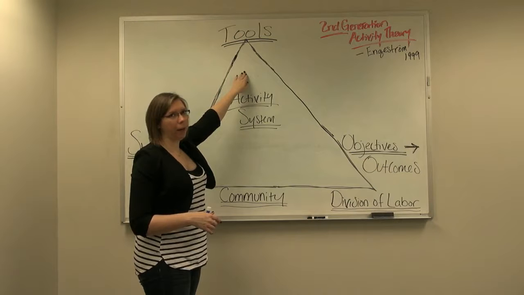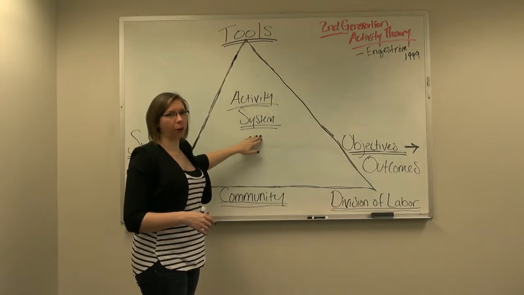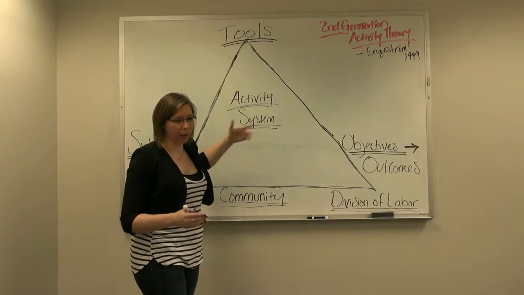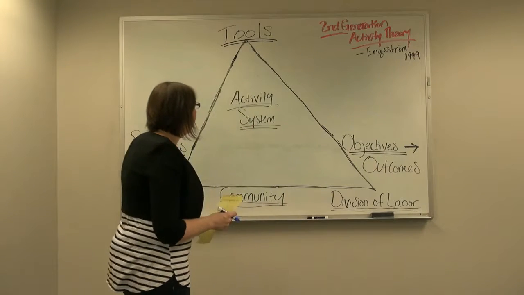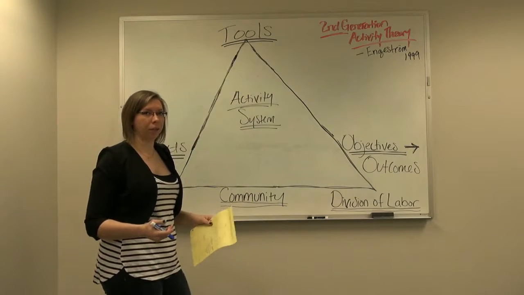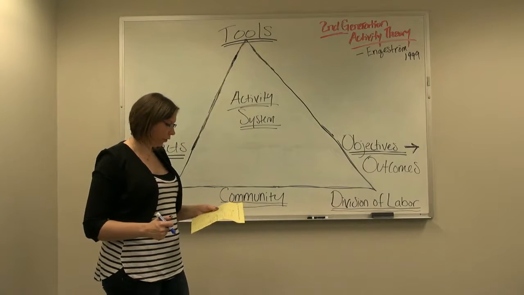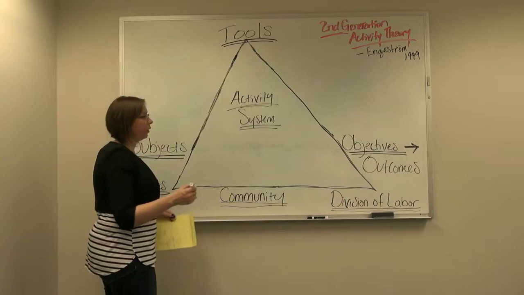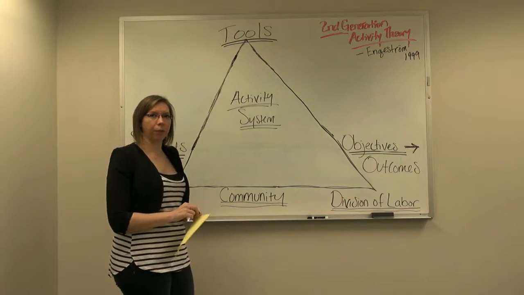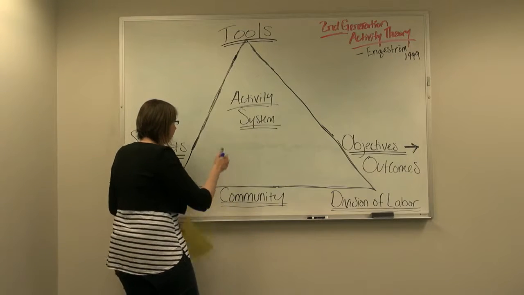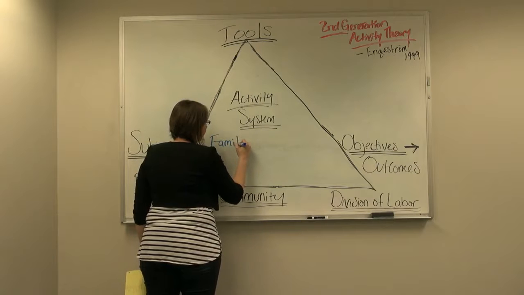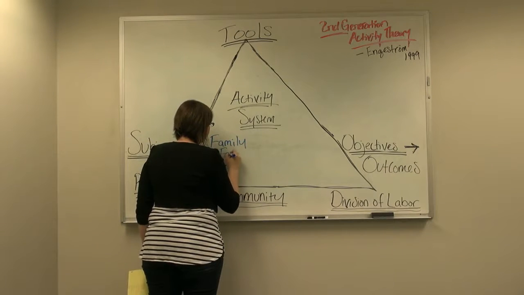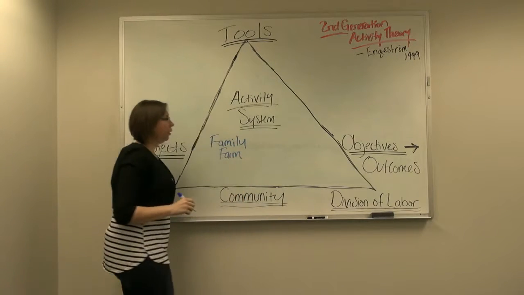So first of all, we want to start with our activity system. Let's name an activity system. I have a couple of examples here of some things that we looked at in my class last semester. One of them was the activity system of the family farm.